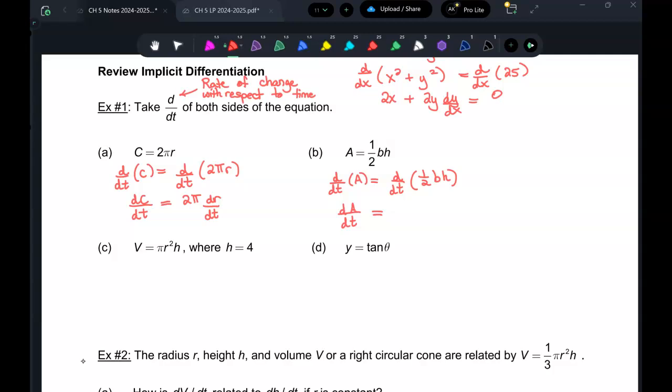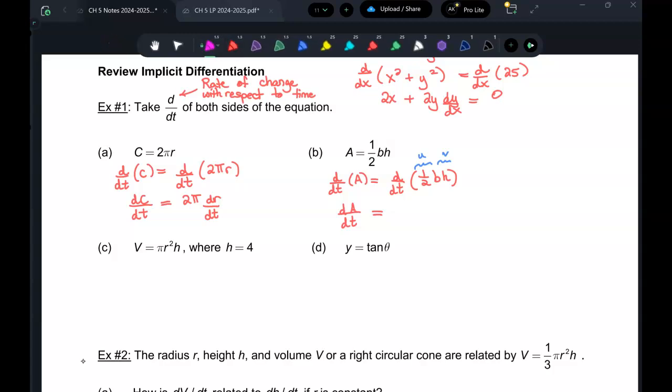So this is basically going to look at how the area of a triangle changes with respect to its other dimensions. Now, this is going to be a u times v situation. We can make u 1/2 b.